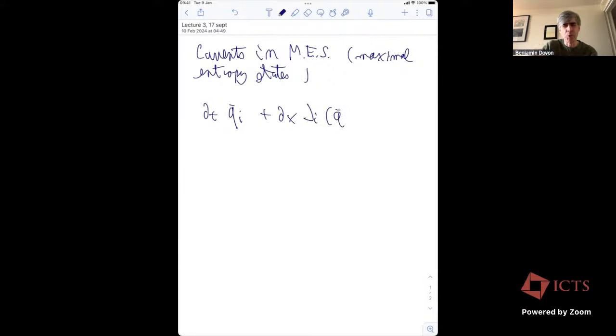I put a bar on top to say it's an average. It's an average in a local maximum entropy state, and I put a bar in the bottom to say it's a vector. So this is my notation. They will write that, and they will say, let's try this or that function.